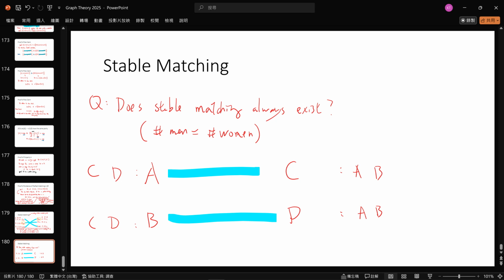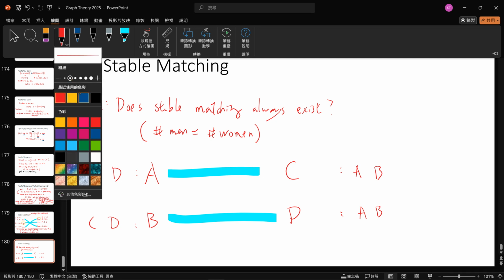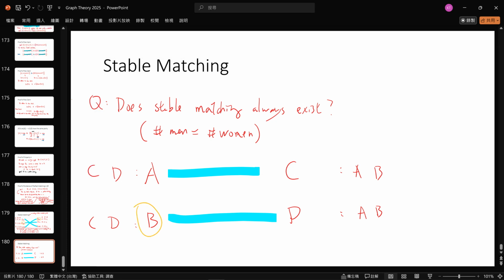So which one? Let's focus on B and C and check if B and C form an unstable pair, okay?